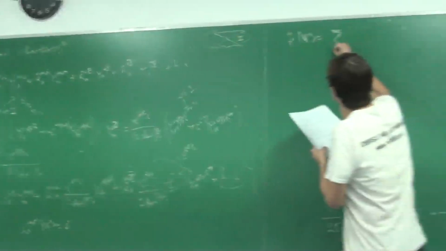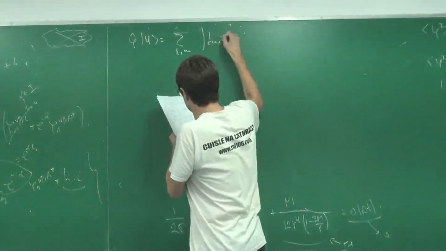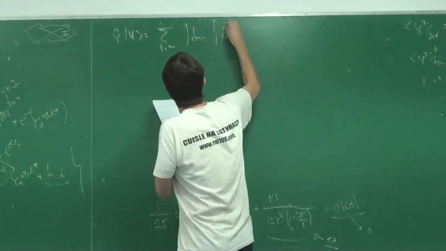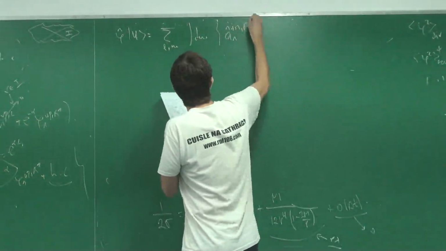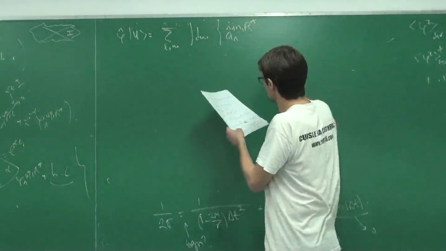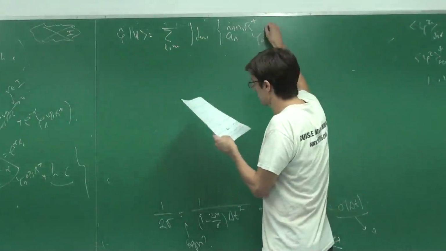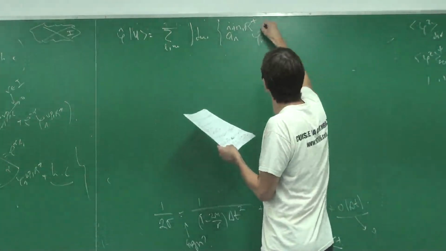As I say, what will survive is the Hermitian conjugate of this, and the corresponding coefficient has to be complex conjugated.